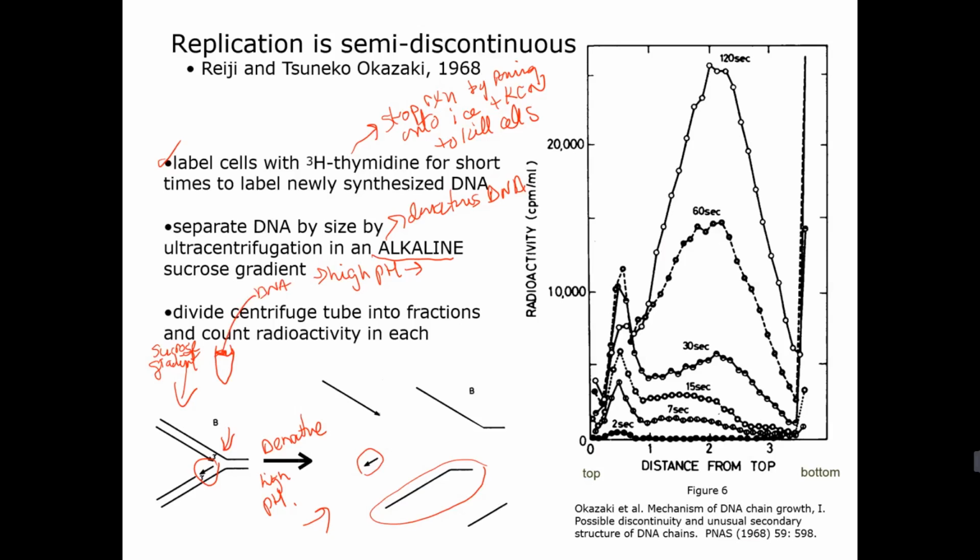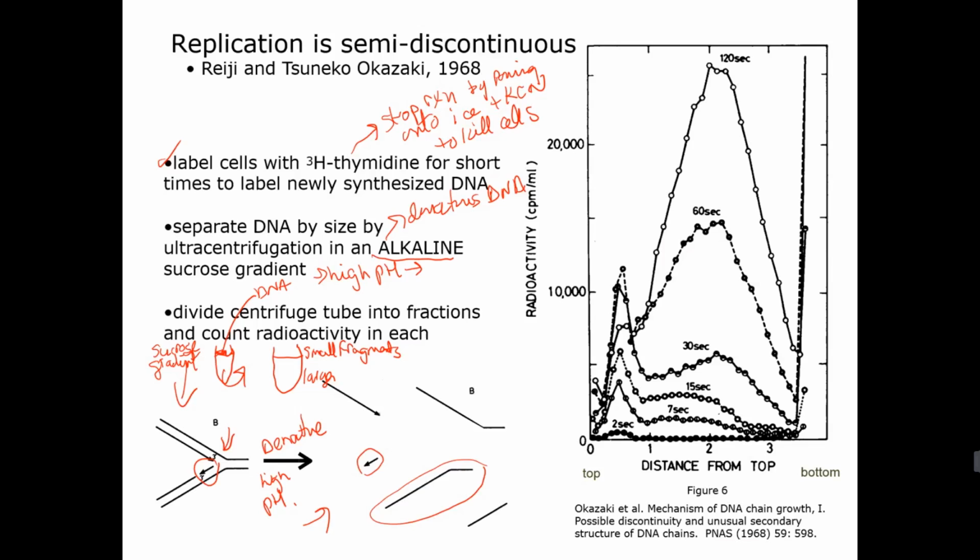And then we do the centrifugation, and the DNA migrates in the gradient according to size. Okay, and what happens is we'll have the small fragments at the top and the larger at the bottom. Okay, because the DNA migrates according to size.